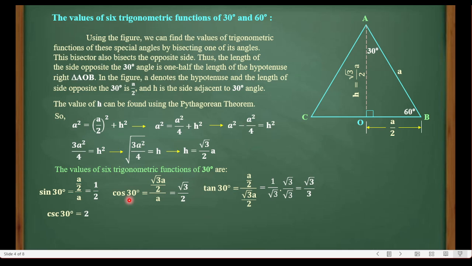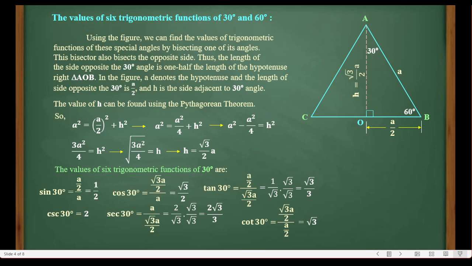If we reciprocate its value, it will give us the secant of 30 degrees, and that is 2 over square root of 3. You rationalize the denominator. That will give you 2 square root of 3 over 3. And finally, for the reciprocal of tangent 30 degrees, that is cotangent 30 degrees, adjacent leg over the opposite leg, and that is square root of 3. And these are the 6 trigonometric functions of the 30-degree acute angle.